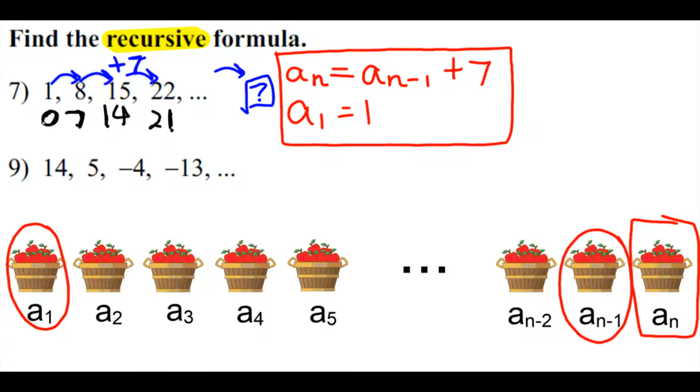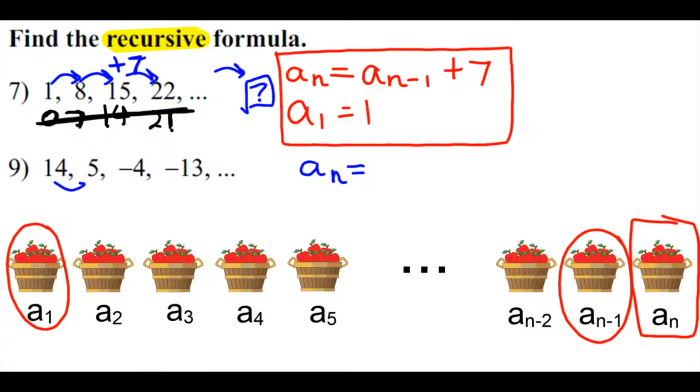So it would be that same top step, but we have to have that second step, a_1 equals 1, to eliminate any other possibilities of the numbers. So that's a recursive formula. In order to find that nth term, you need the term right before it, the common difference, and the first term. So look at the next example.